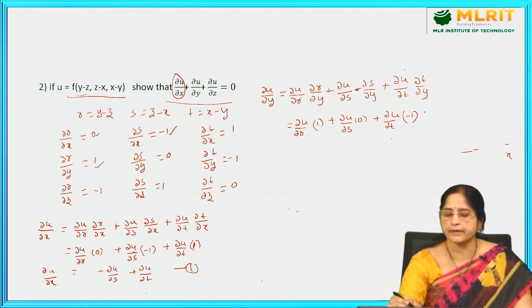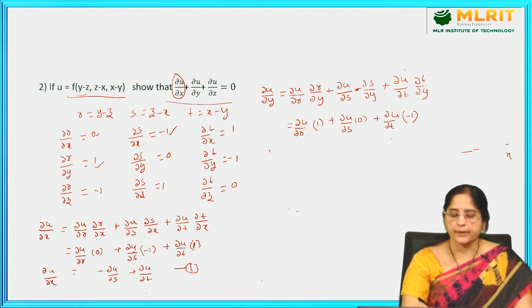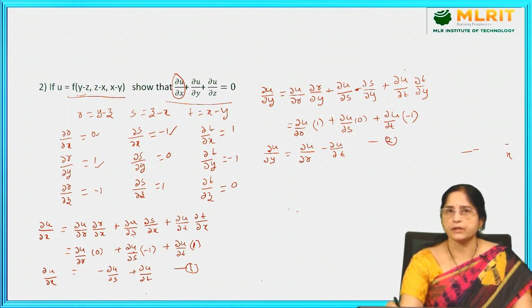Therefore, ∂u/∂y equals ∂u/∂r minus ∂u/∂t. Take this as equation 2.